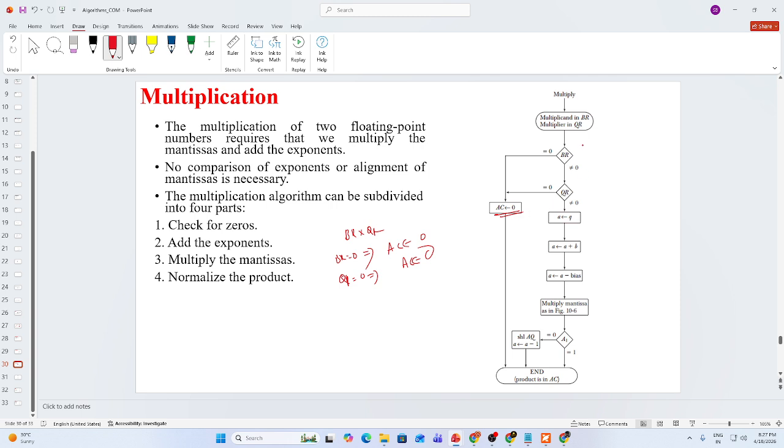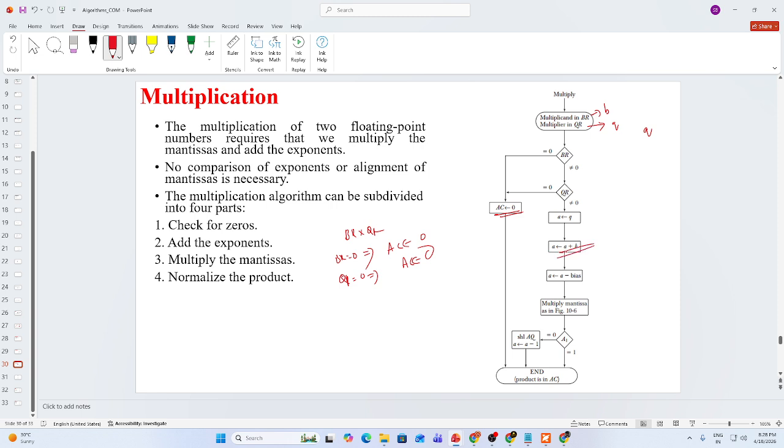One exponent is there in the small q, and the other exponent is there in the small b, but I cannot add directly q plus b, so I need to transfer q to a, then only I can add a plus b.